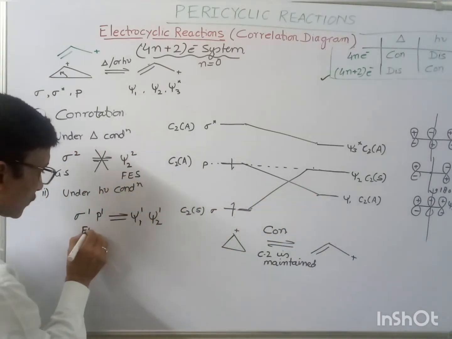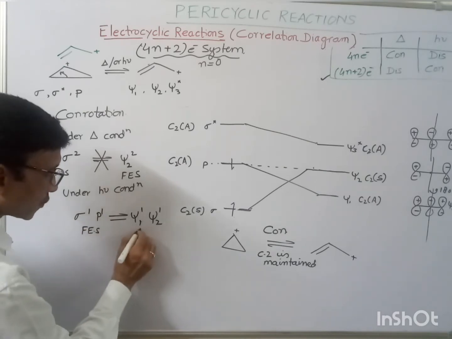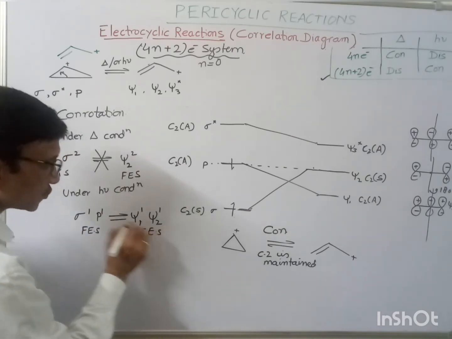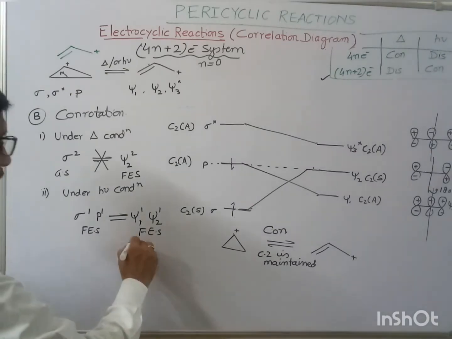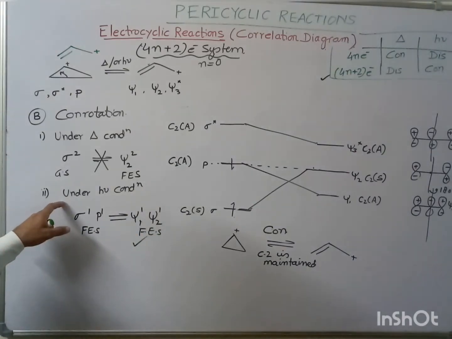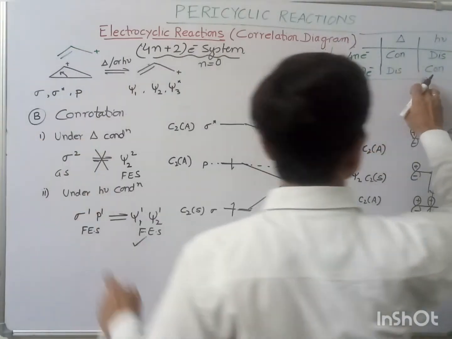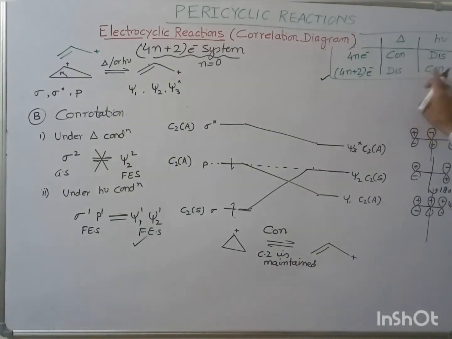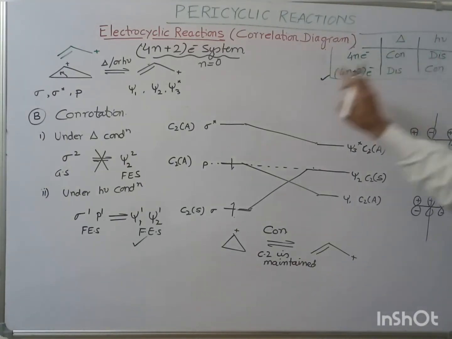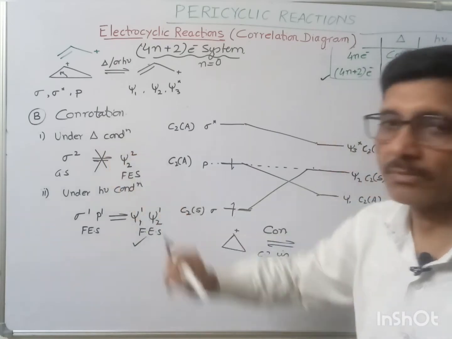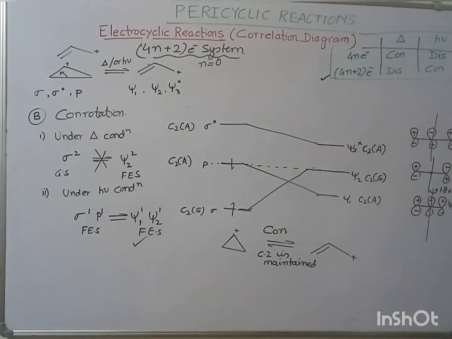So this is our first excited state and this is also the first excited state. This is allowed. So conrotation is only allowed under photochemical condition and it is not allowed under the thermal condition. Like this we can check it.